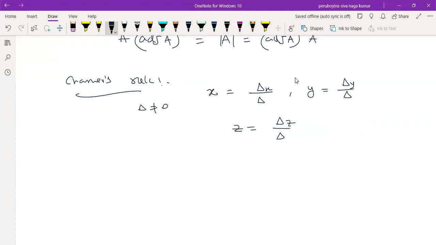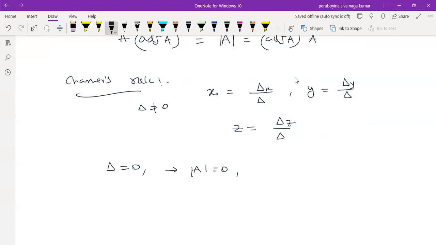If delta is equal to 0, then what happens? Delta 1, delta 2, if delta is equal to 0... Delta equal to 0 means det A is 0.